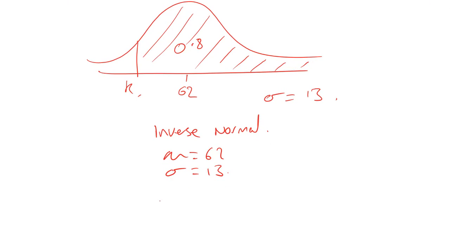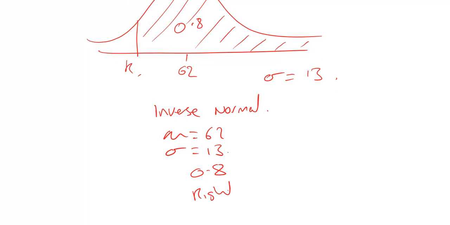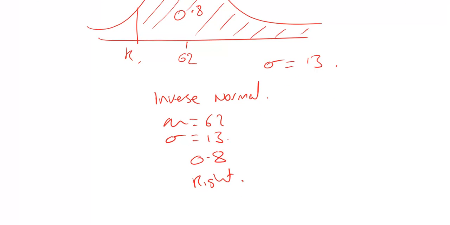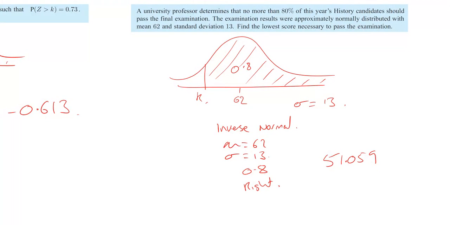We're going to say that our probability is going to be 0.8 and our tail is going to be to the right. Or we could put 0.2 and tail to the left. Press the buttons, we should end up with an answer, and that is 51.059.